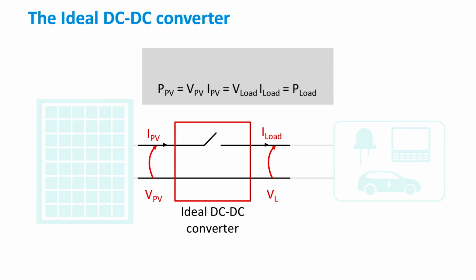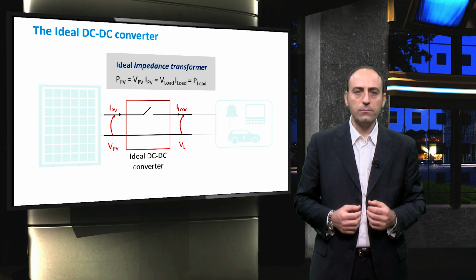More in general, when we just look at the ideal DC-DC converter, it is a dual port component with a switch in the middle, called the impedance transformer. In other words, to deliver the maximum power from the source to the load, the impedance seen by the DC-DC converter at the left part of the circuit is the same as the one seen by the load at the right part of the circuit.